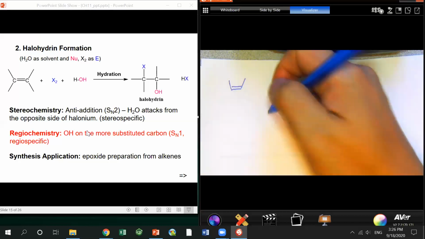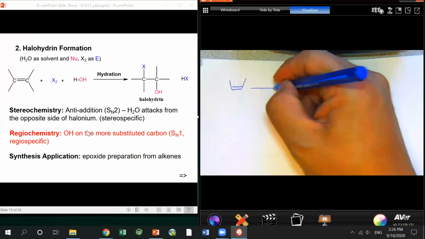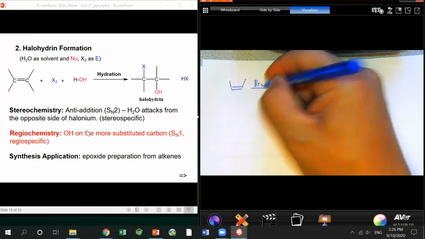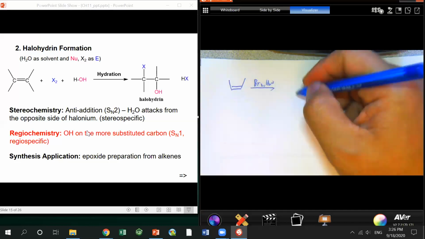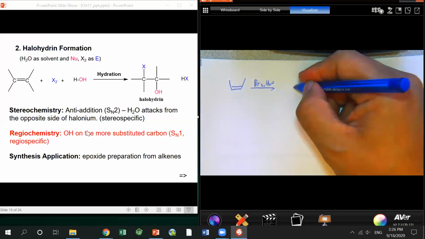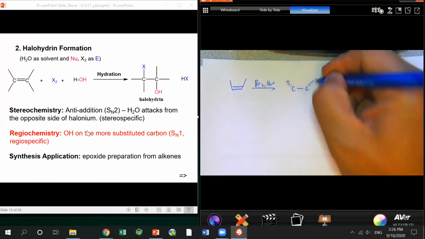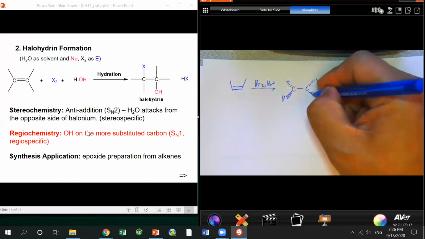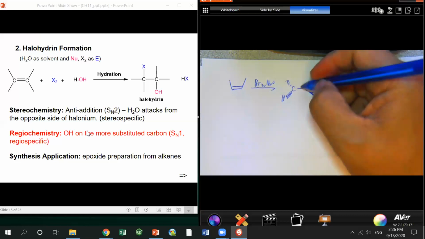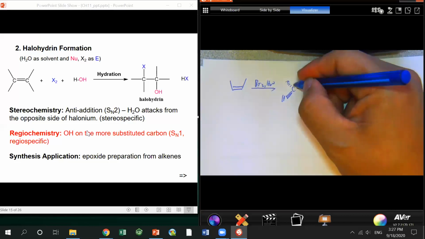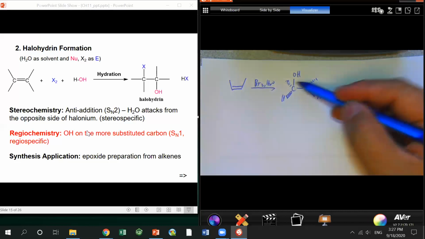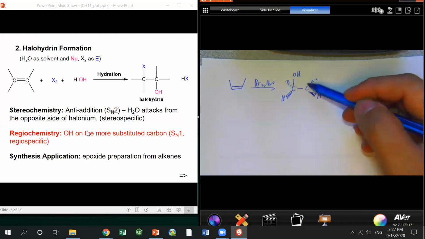We have this alkene, and we do the halohydrin reaction. Once the reaction is done, because this is a symmetrical one, it doesn't matter where OH goes and where Br goes.